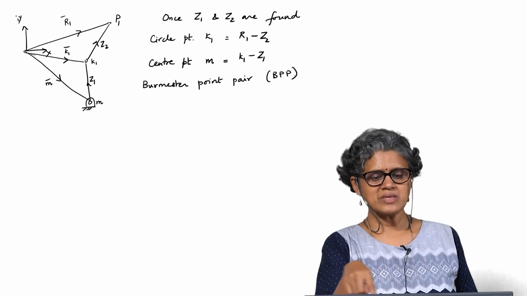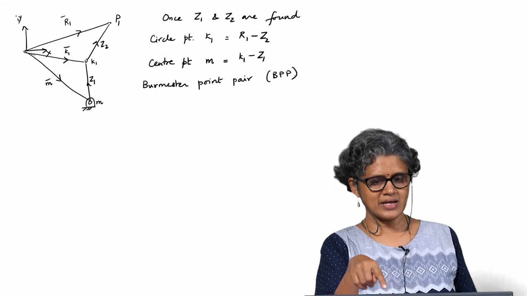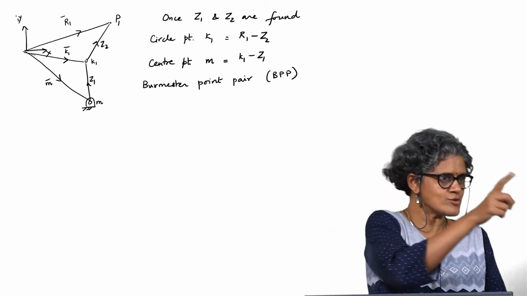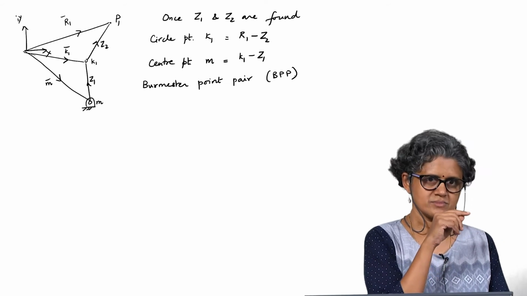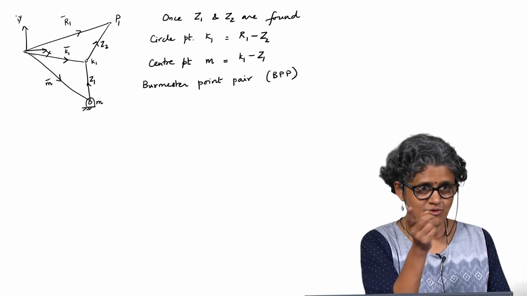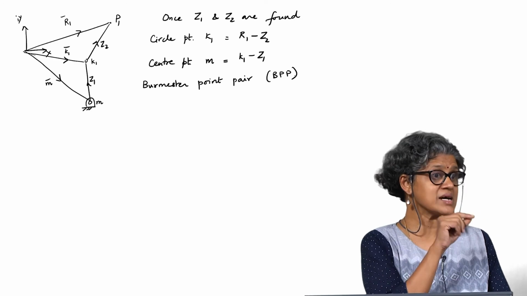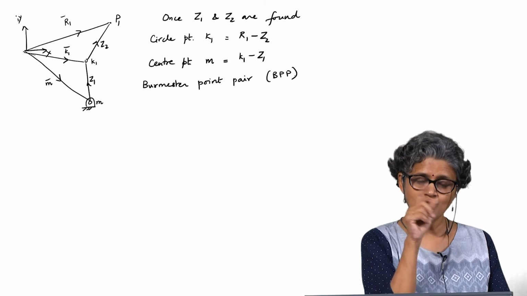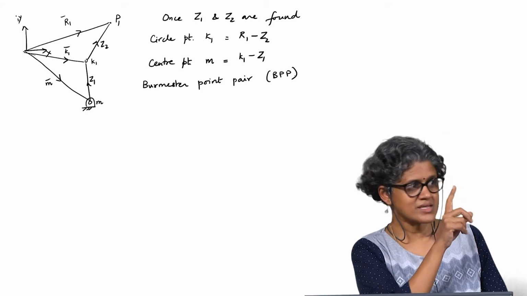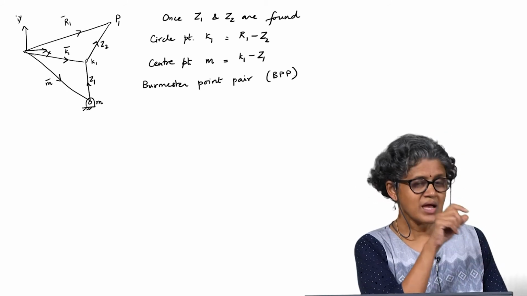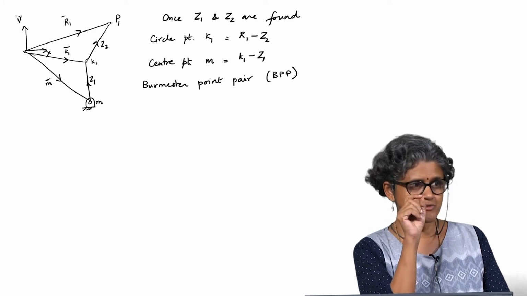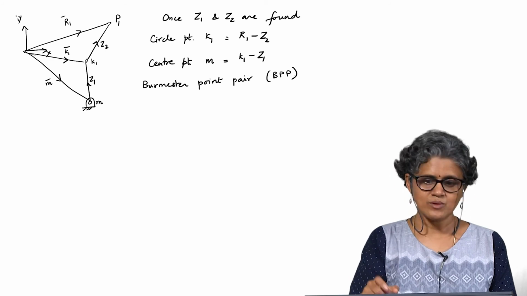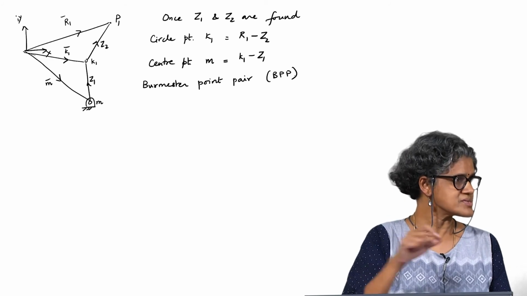So, from that if I plot all those points, I get a locus of all the possible circle points, for which I can hit these 4 positions. And for each of those circle points, there is a specific center point which is determined by this relationship.